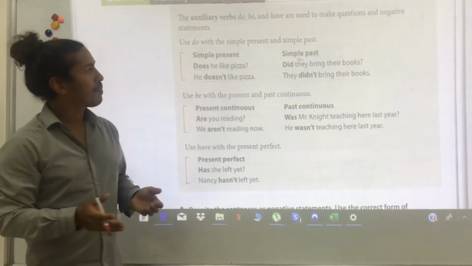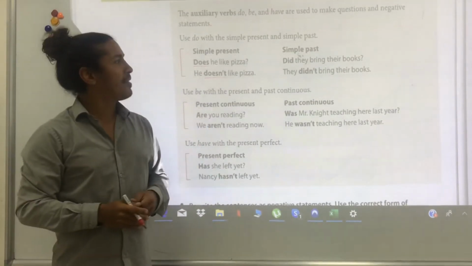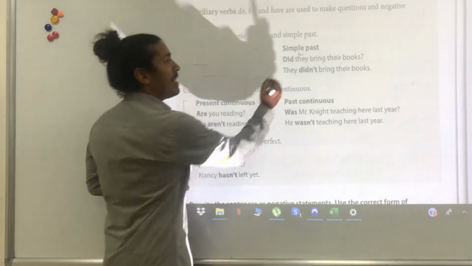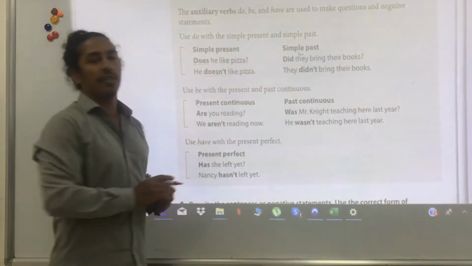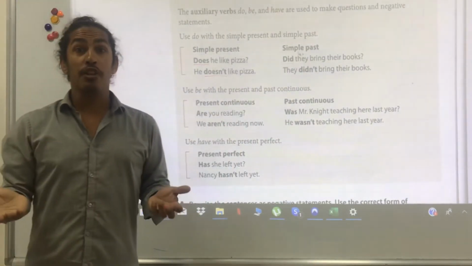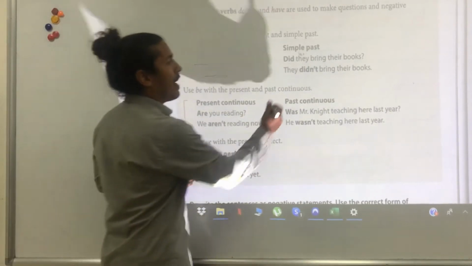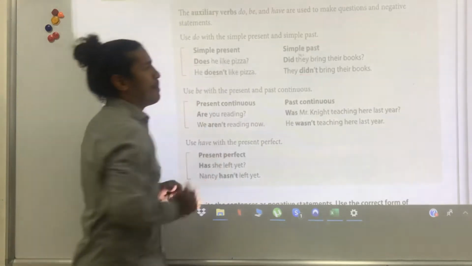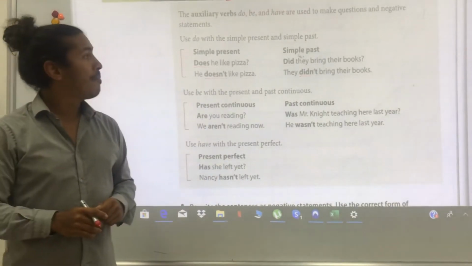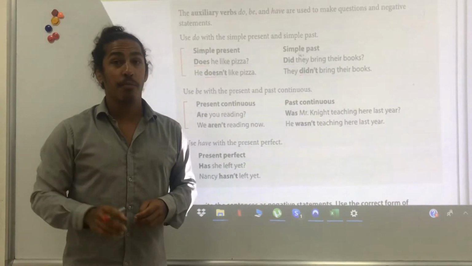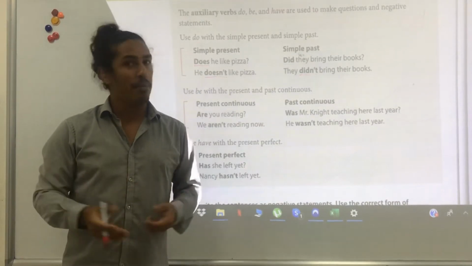Okay? And if we look at the simple past, just next to it, did they bring their books? It's a question, yeah? And if we look just under there at the negative statement from the simple past, they didn't bring their books. It's a statement, not a question.